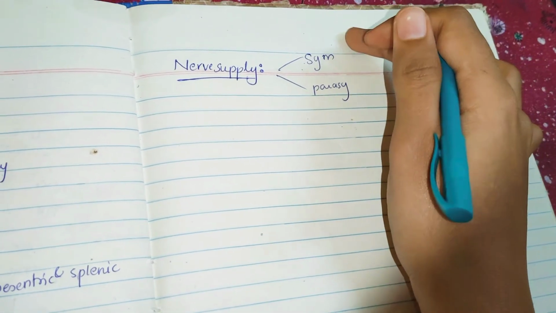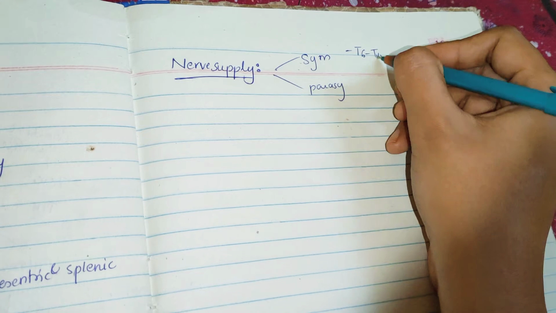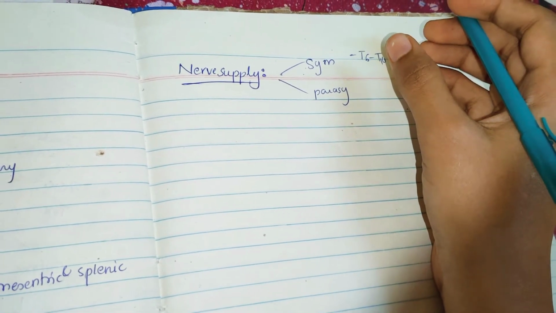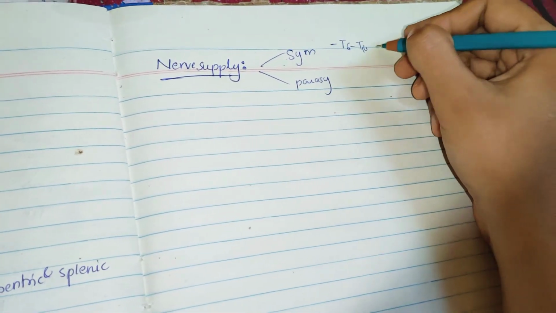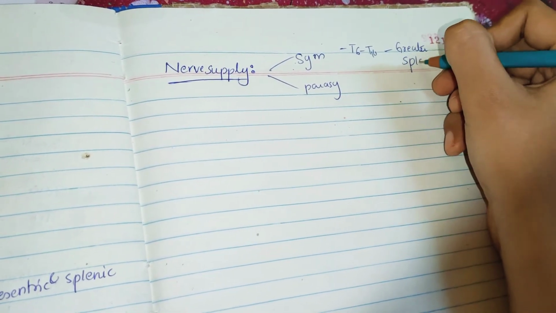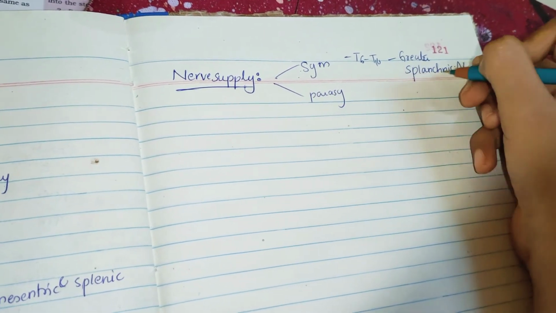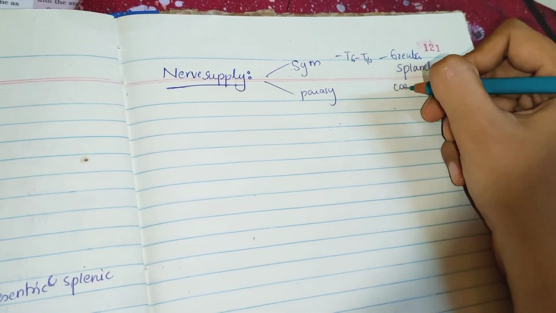So mainly the sympathetic nerves are derived from T6 to T10 segments of thoracic region of spinal cord by means of greater splanchnic nerve, and also by celiac and hepatic plexus.